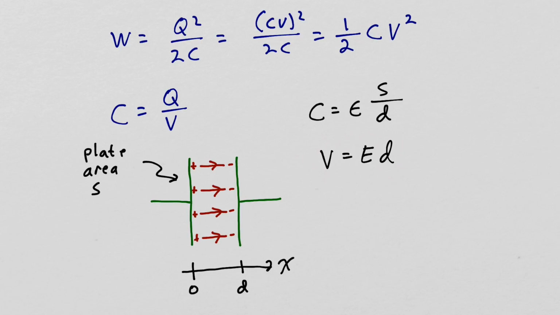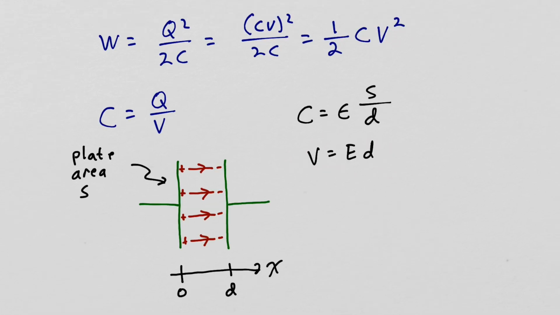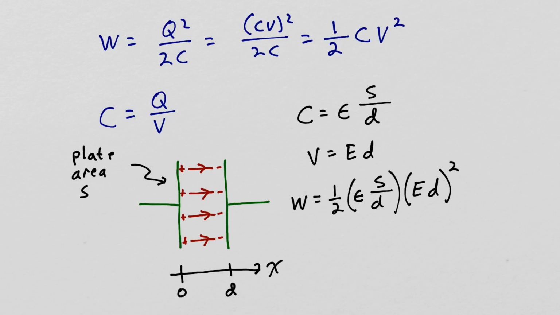The energy stored on the capacitor is 1/2 the capacitance, which is the absolute permittivity times the plate area over the plate spacing, times the voltage squared, which is the electric field intensity inside the capacitor times the plate spacing. This can be rewritten as 1/2 the absolute permittivity times the electric field intensity squared times the plate area times the plate spacing.